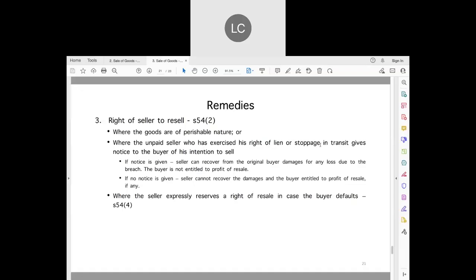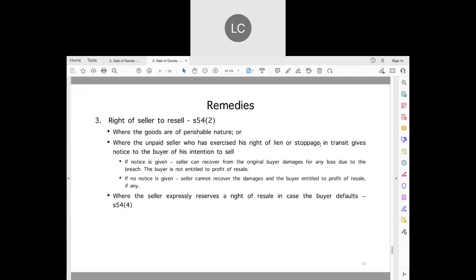He can resell them if the goods are of perishable nature or where the unpaid seller who has exercised his right of lien or stoppage in transit gives notice to the buyer of his intention to resell. Or the seller may recover from the original buyer damages for any loss occasioned by his breach of contract.